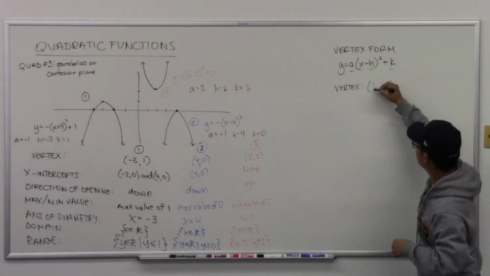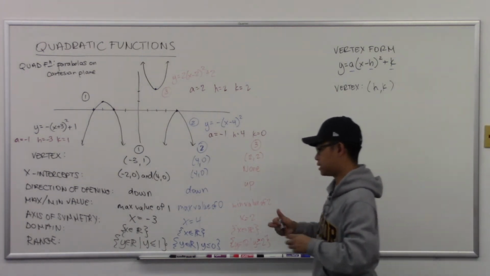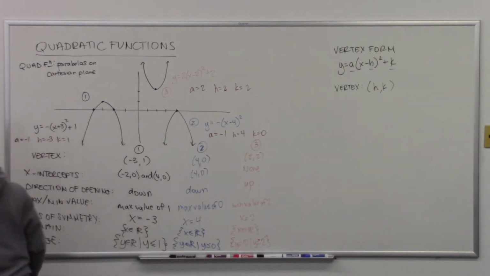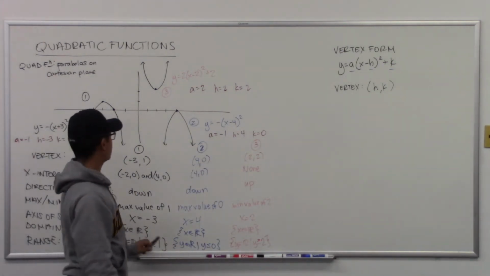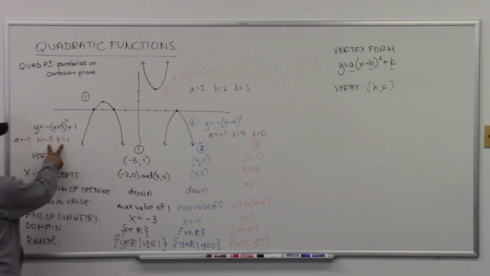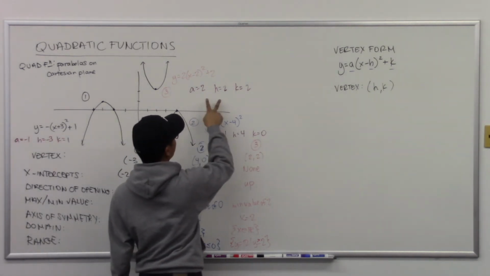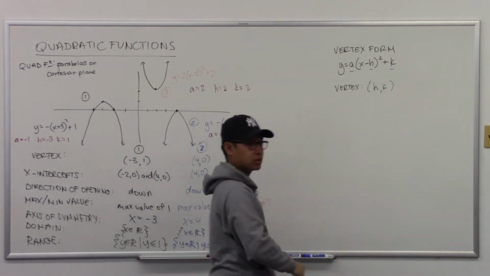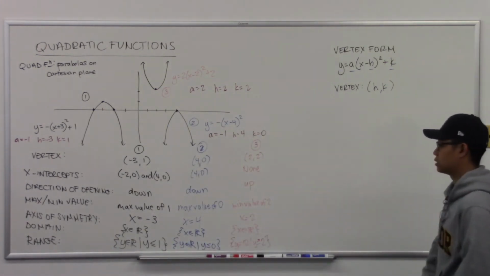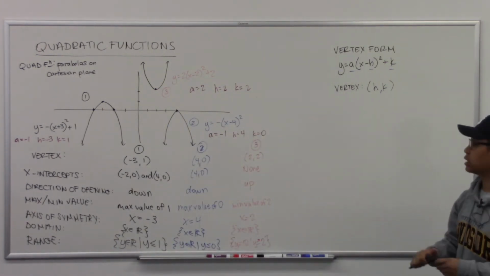Notice that no matter what the H is and the K is, that's always your vertex. 4, 0 here, and then 2, 2. Okay?